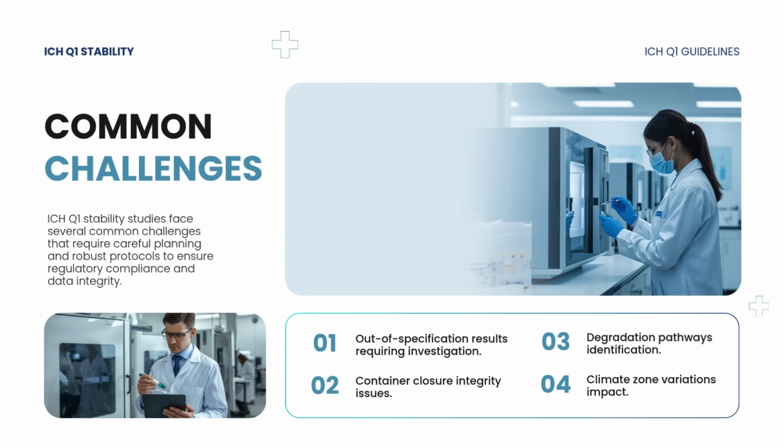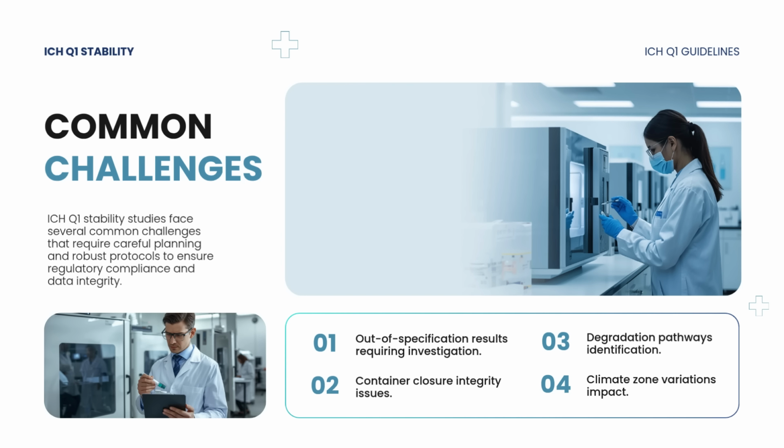Next, identifying the degradation pathway is essential. This involves understanding how and why a product might degrade over time. By doing this, we can better predict shelf life and ensure the product efficacy. Another key challenge is container closure integrity issues.